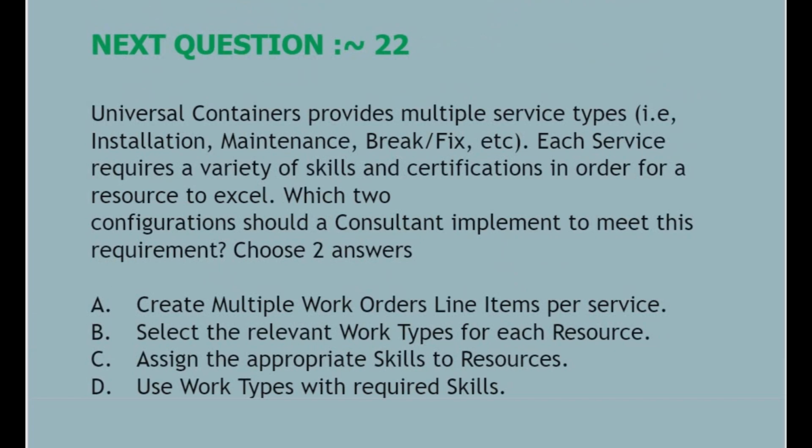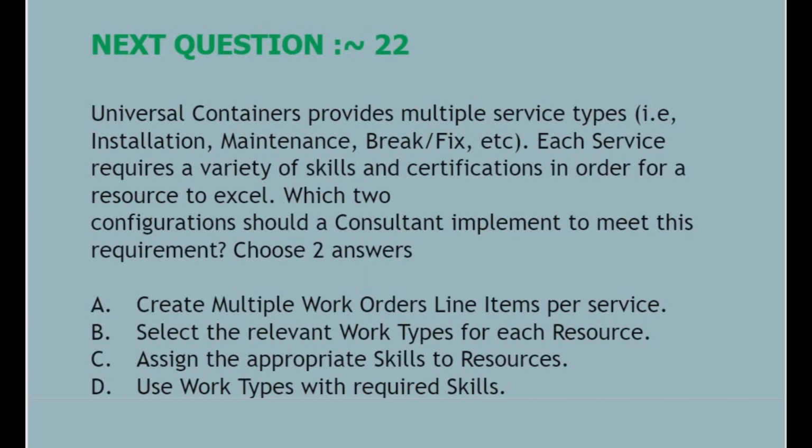Question is, Universal Containers provides multiple service types, that is installation, maintenance, break-fix, etc. Each service requires a variety of skills and certifications in order for a resource to excel. Which two configurations should a consultant implement to meet these requirements?